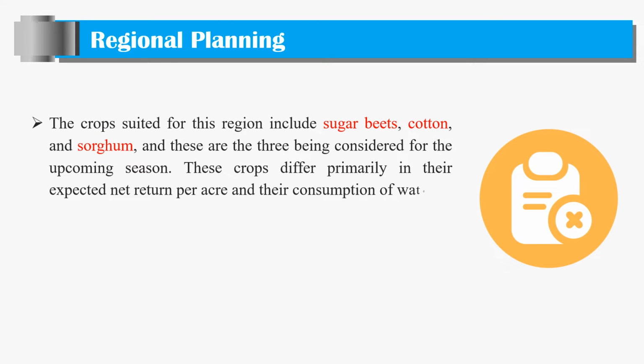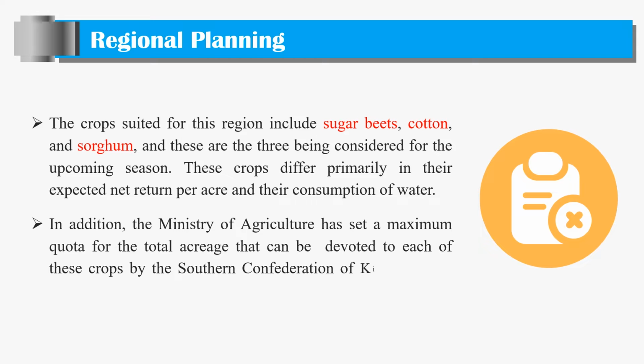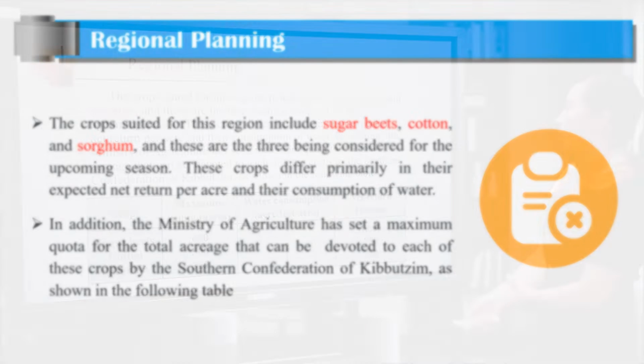And these are the 3 being considered for the upcoming season. The crops differ primarily in their expected net return per acre and their consumption of water. In addition, the Ministry of Agriculture set a maximum quota for the total acreage that can be devoted to each of these crops by the Southern Confederation of Kibbutzim, as shown in the following table.